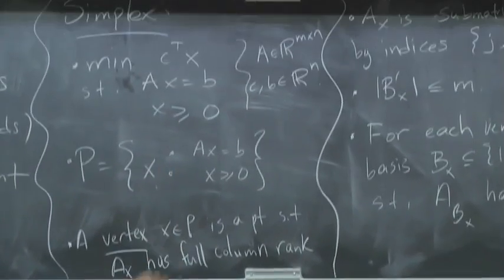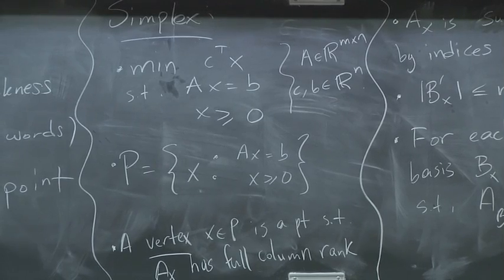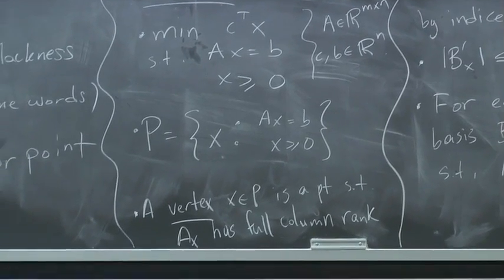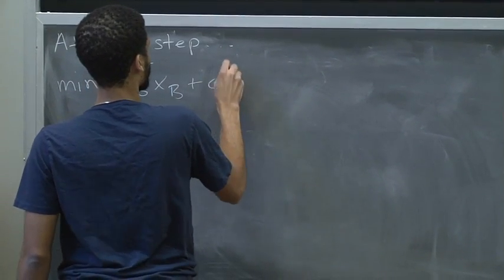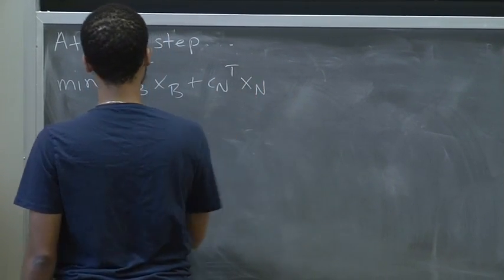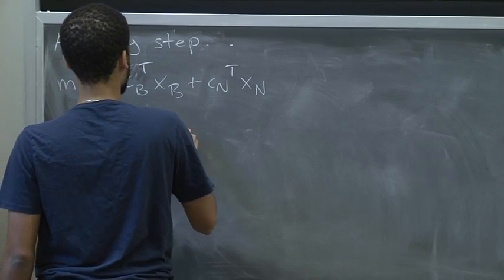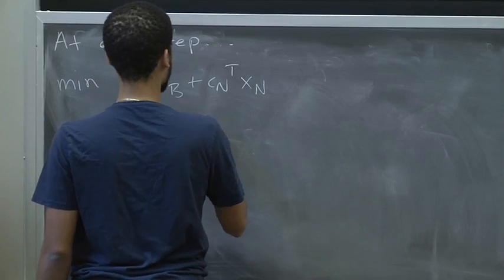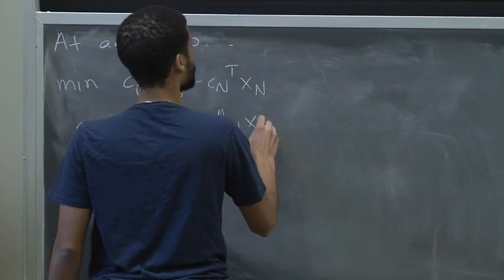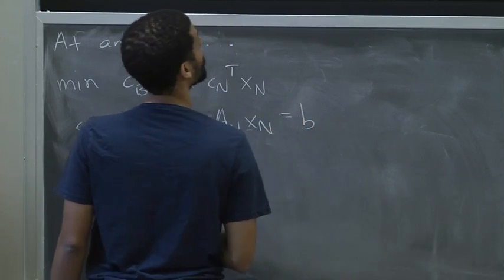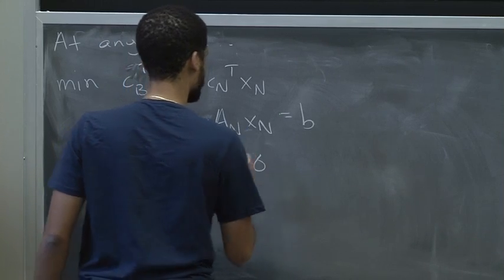I'm going to rewrite it as minimize C_B transpose x_B plus C_N transpose x_N, subject to the constraints that A_B x_B plus A_N x_N is equal to b, and x_B, x_N are bigger than or equal to 0.